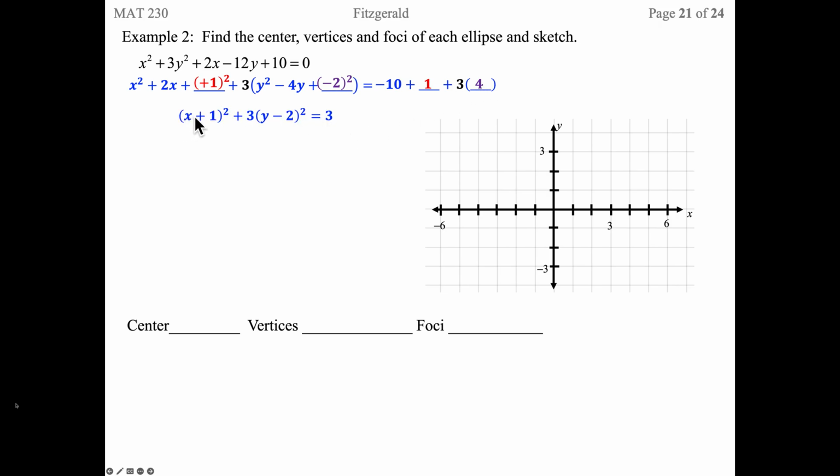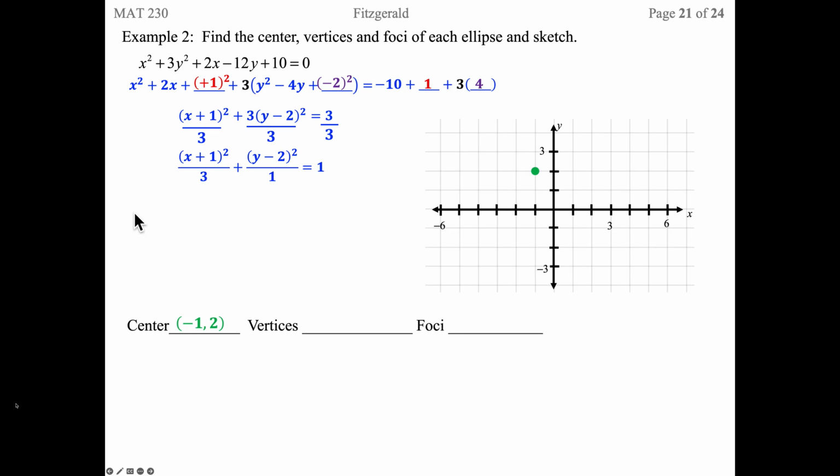And you will have x plus 1 squared plus 3 times y minus 2 squared equals 3. Divide everything by 3 because the ellipse needs to have this equal to 1. 3's cancel, so there's my equation in standard form.